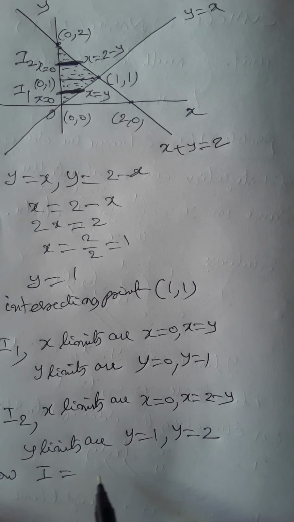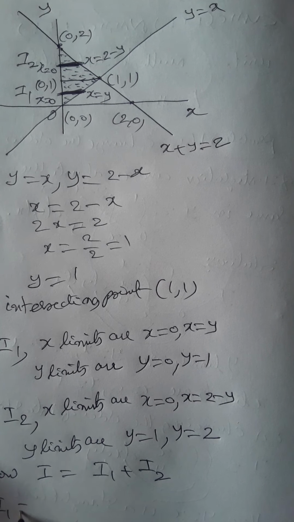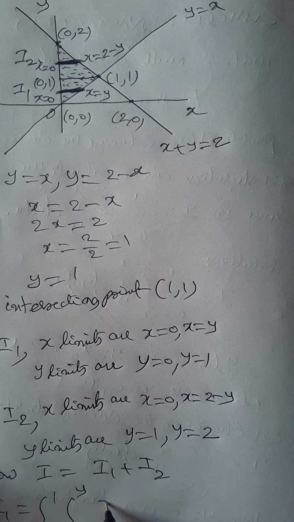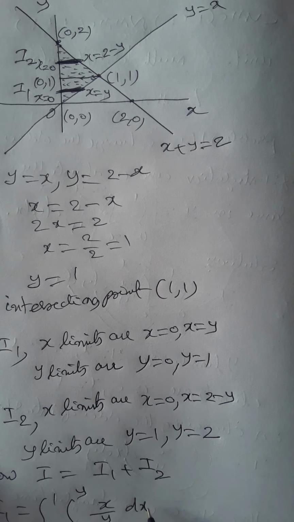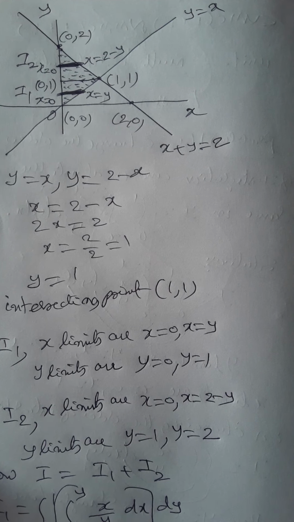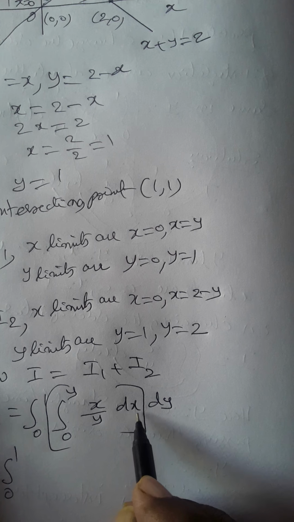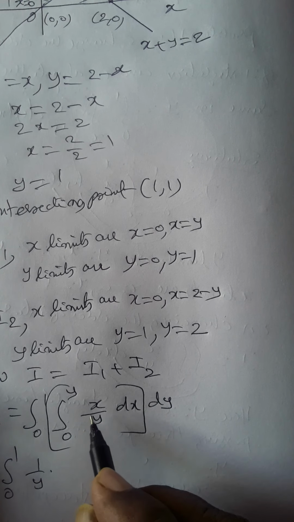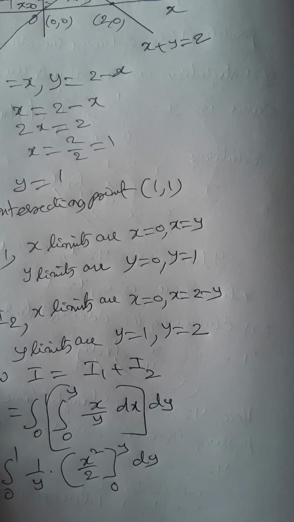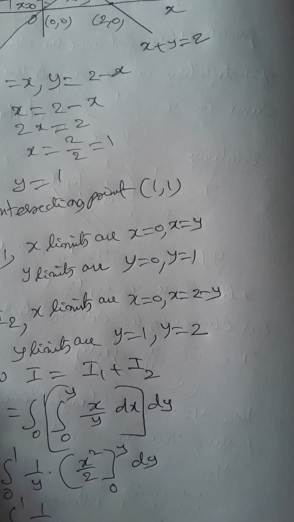Now I is equal to I1 plus I2. How to get the I1 value? Integral 0 to 1, integral 0 to y, of x by y, first with respect to x, next with respect to y. With respect to x, 1 by y is constant. So x integration gives x square by 2, from 0 to y, dy, times 1 by y.